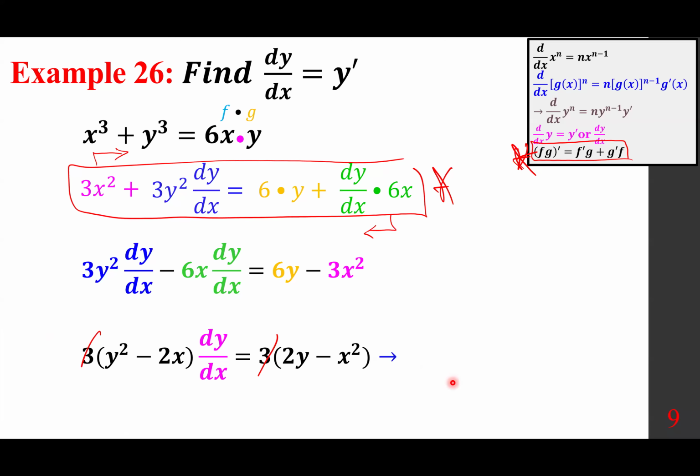And dy dx is the right side divided by y squared minus 2x. So dy dx is 2y minus x squared over y squared minus 2x.